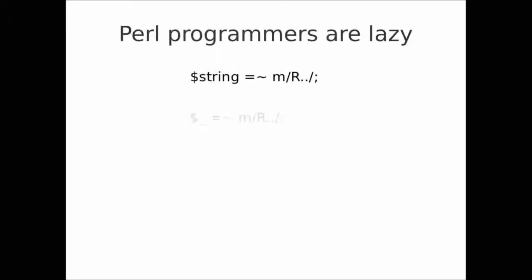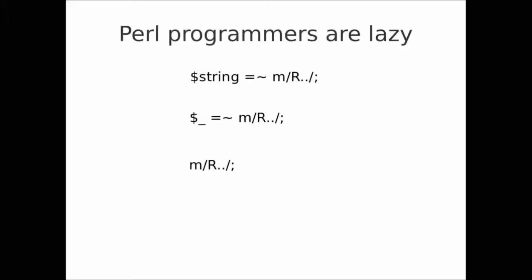So we can modify this by saying $_ is applied to this regular expression. And in fact, since we're using $_, we don't actually need it. We can just say, let's apply this regular expression to $_.